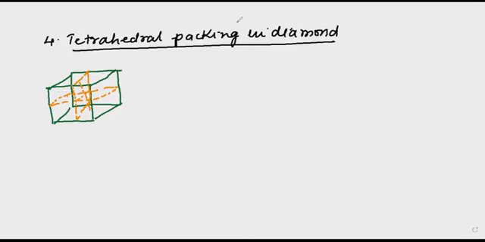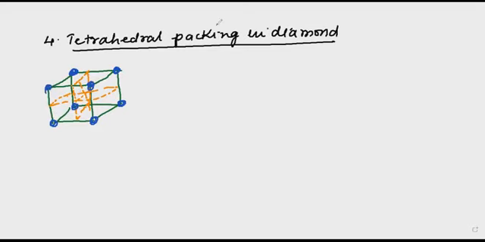So how are the atoms arranged? Now see that. In each corner, atoms are arranged: 1, 2, 3, 4, 5, 6, 7, and here 8.